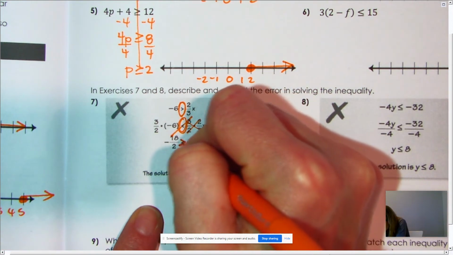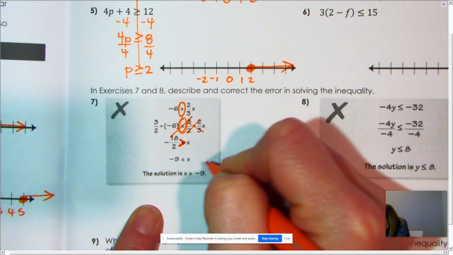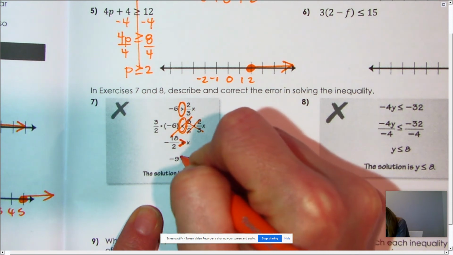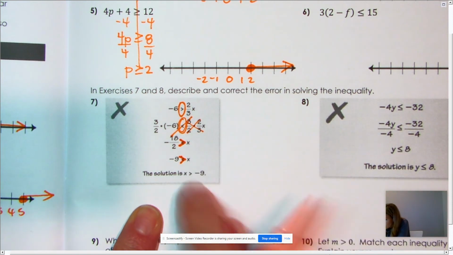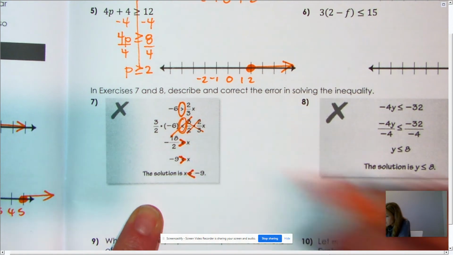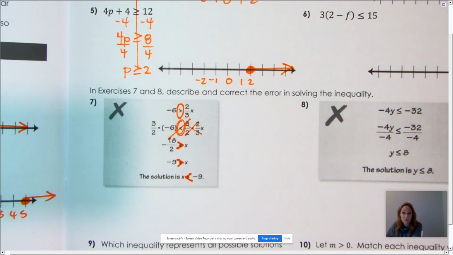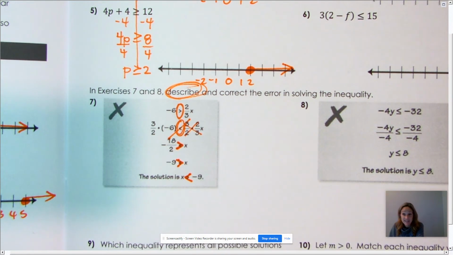So the sign should have stayed like this. And then, yeah. So it looks like this. And then when you rewrite it, the alligator should still be eating the -9. So we corrected it. And you should also describe, you should say they flipped the sign, but you were not supposed to because we did not multiply or divide both sides by a negative.